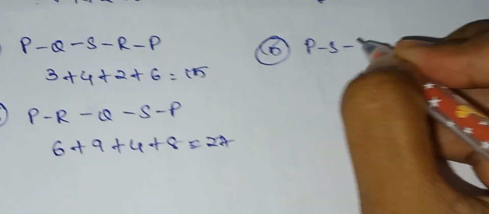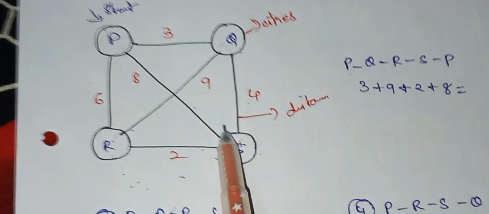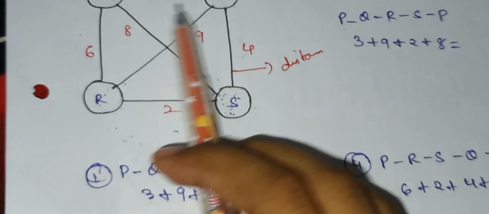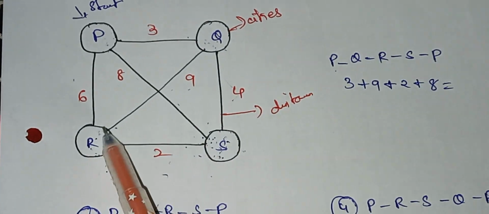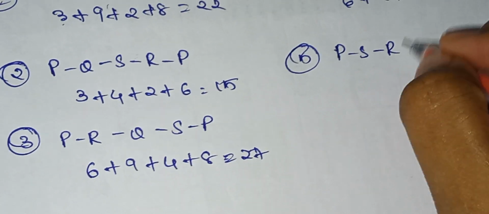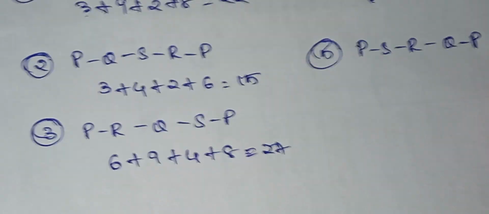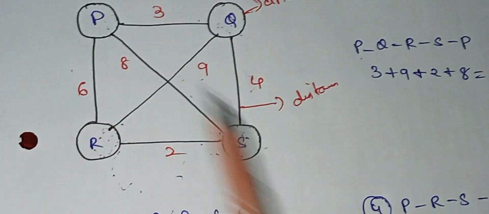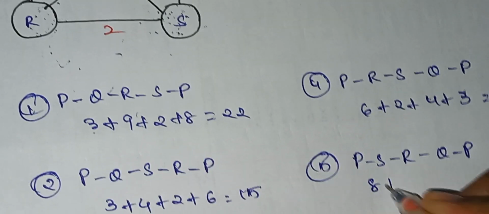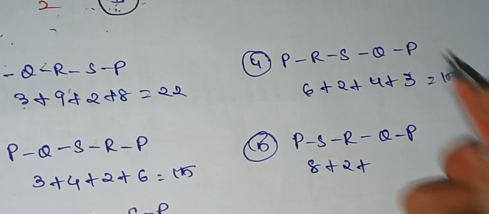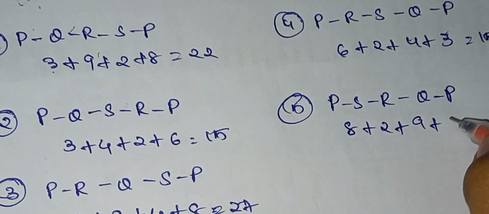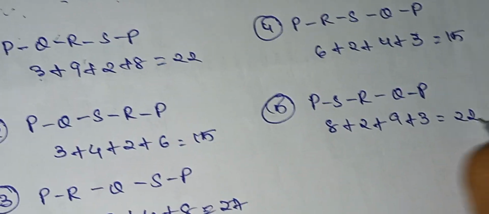The cost will be P to S is 8, plus S to R is 2, plus R to Q is 9, plus Q to P is 3. This is equal to 22.